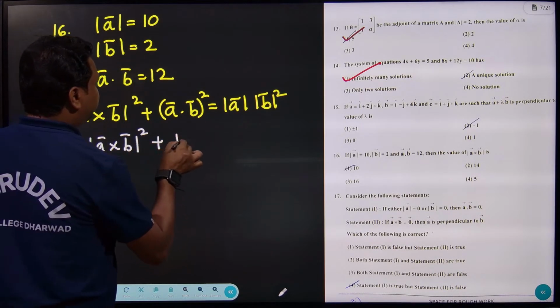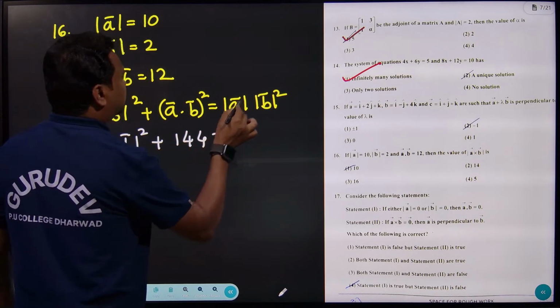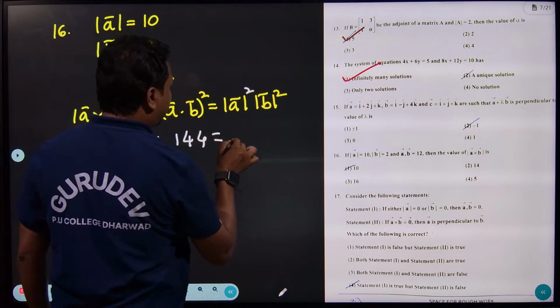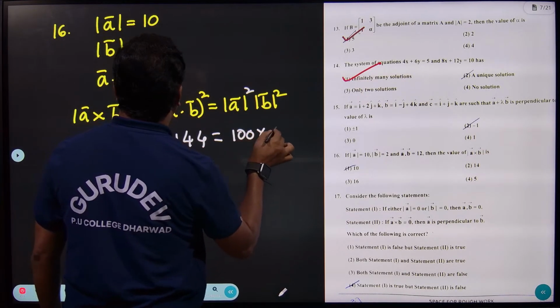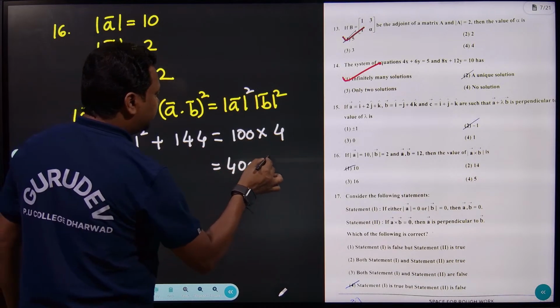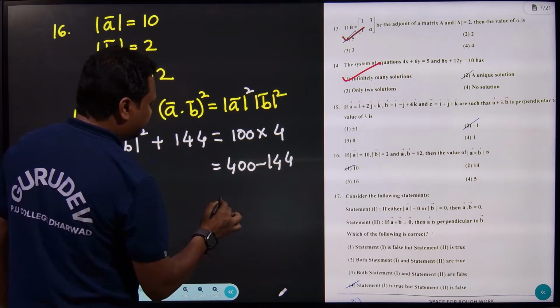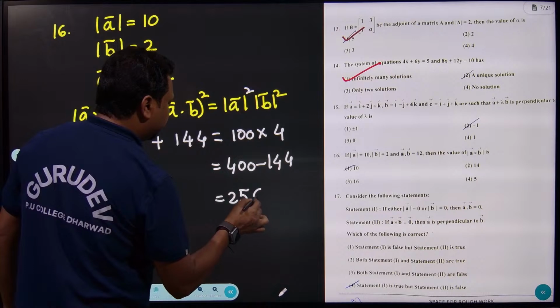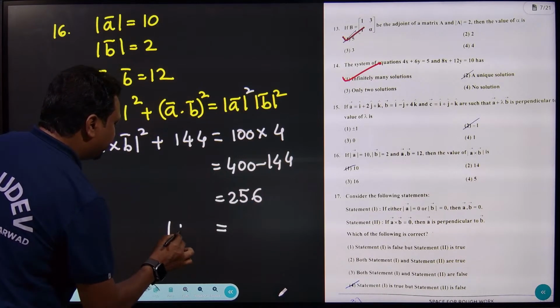This one is 144. Magnitude of A squared is 100, magnitude of B squared is 4. So that will become 400 minus 144, that will become 256. And you need the magnitude of A cross B.